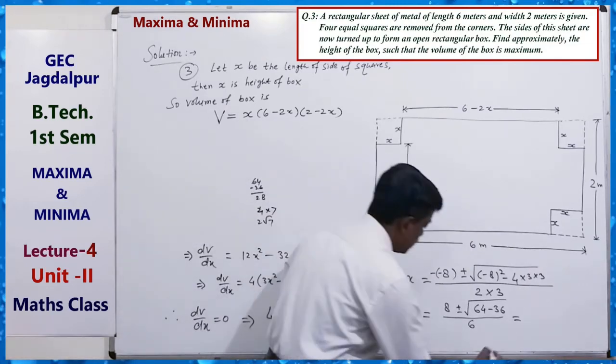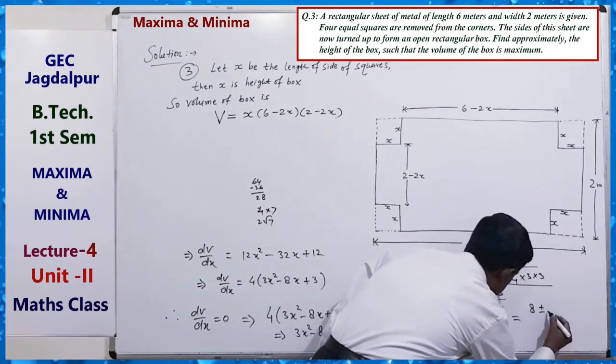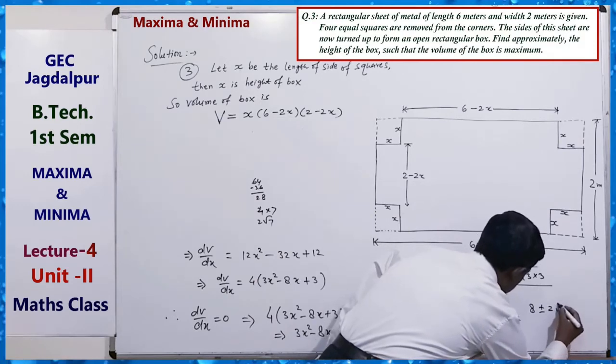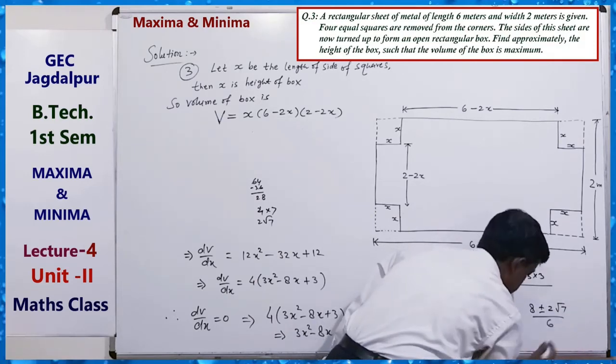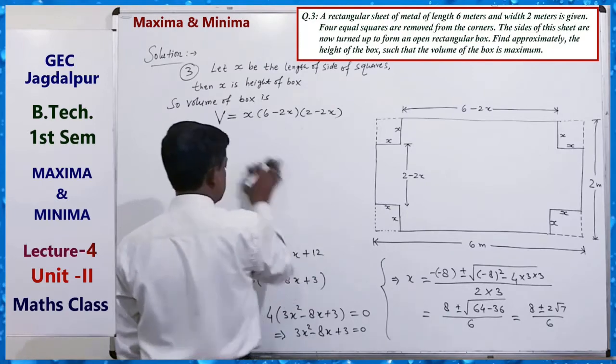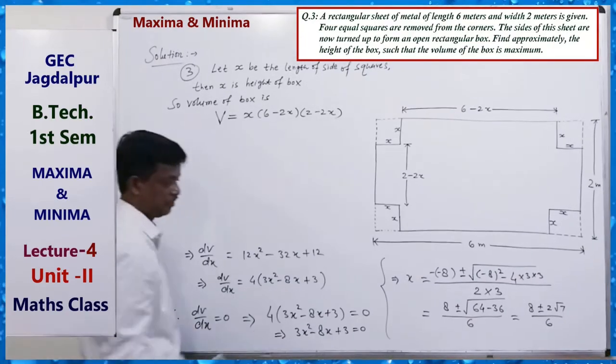So here we can write 8 plus minus 2 root 7 by 6. So this is the value.